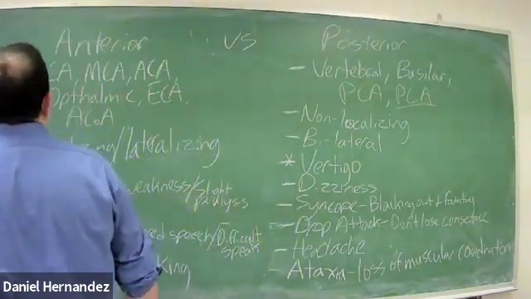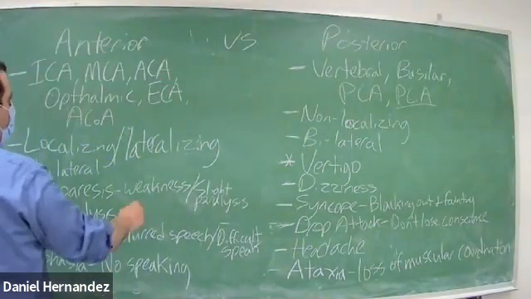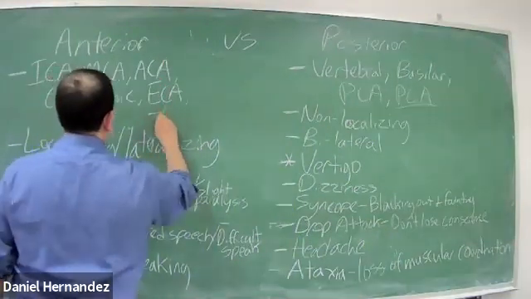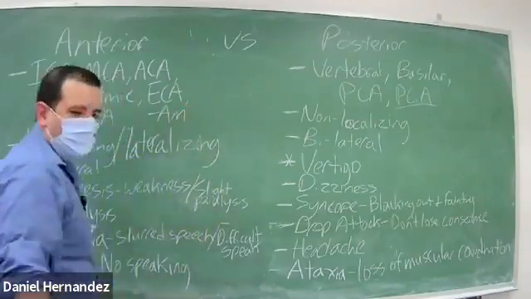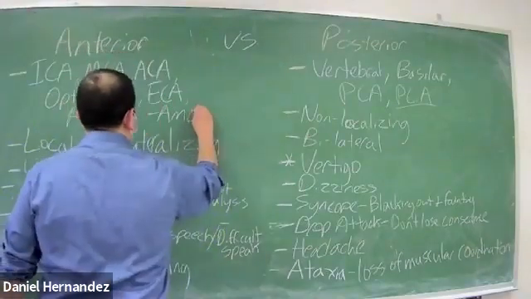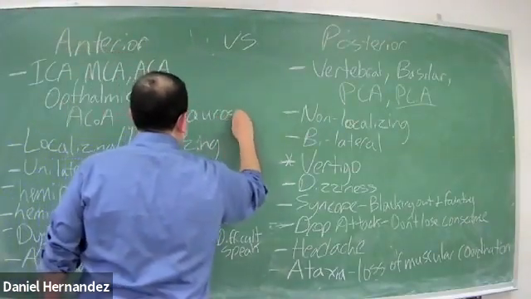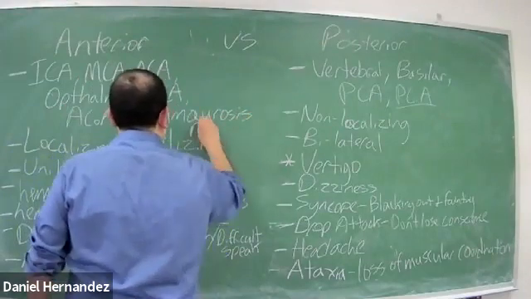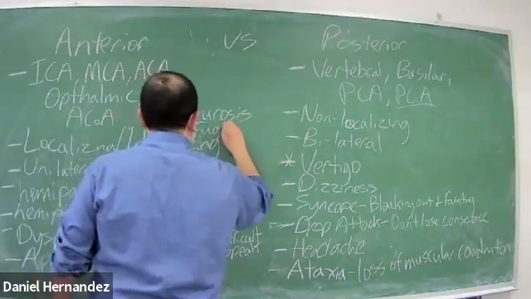So under anterior circulation, we also have amaurosis fugax.